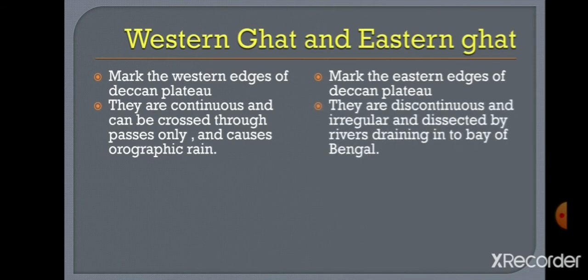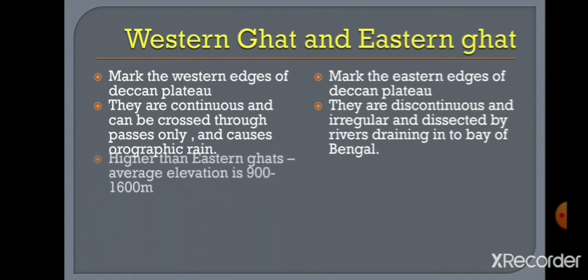The Eastern Ghats are discontinuous and irregular because they have been dissected by many rivers, like Mahanadi, Godavari and many other rivers that cut through the peninsular plateau region, and the water drains into the Bay of Bengal. So due to erosion and denudation, the Eastern Ghats are not continuous; they are discontinuous and irregular in shape.